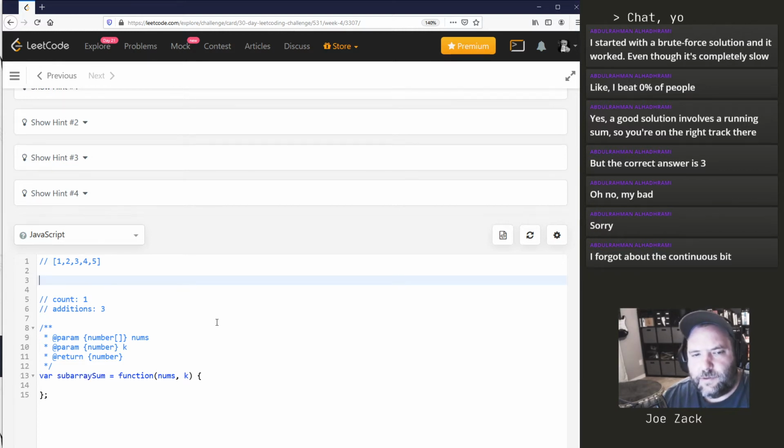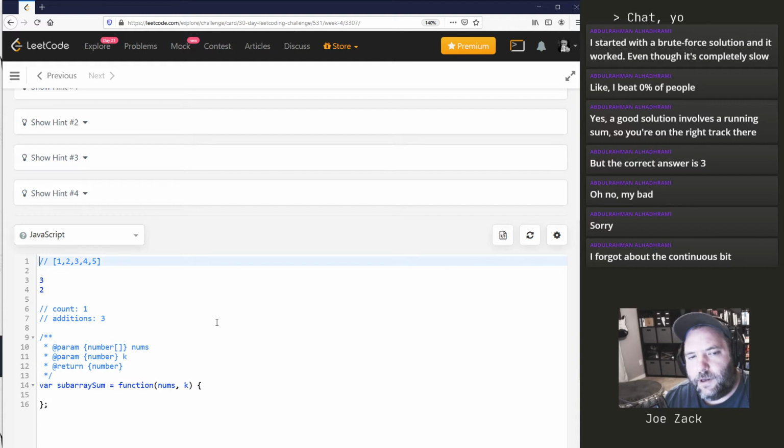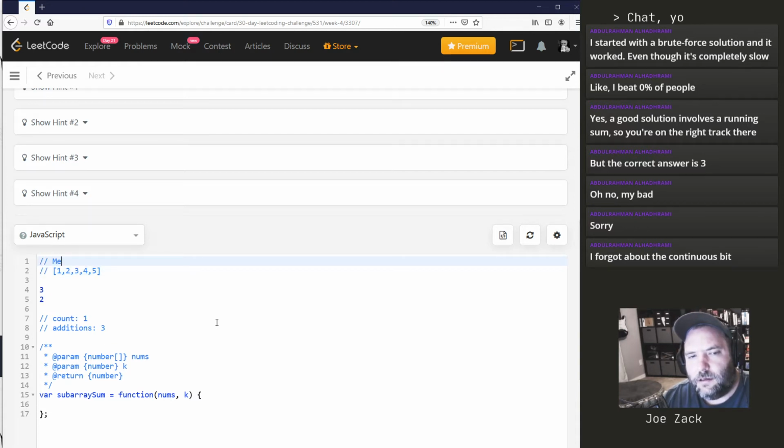What math was I doing that was duplicate? What did I not need to do? 1. 3 plus 2. The memory complexity there was n, because I did have to keep kind of track, which is interesting now that I think about it.